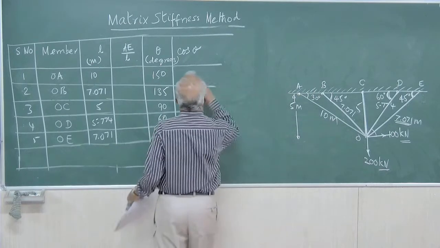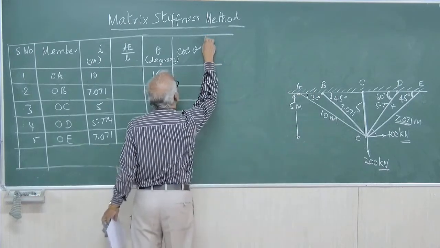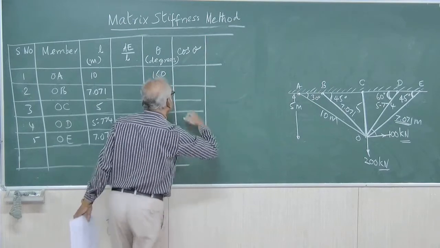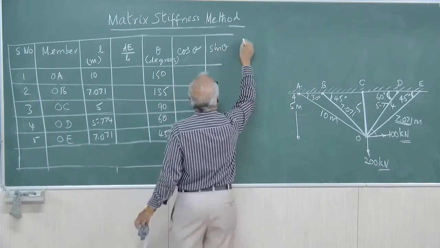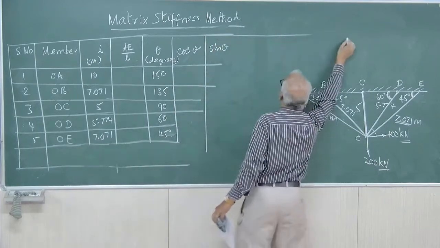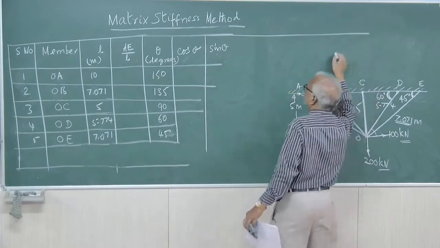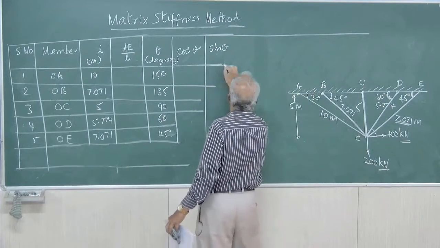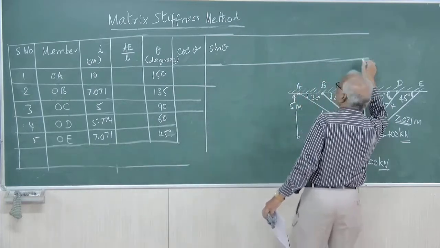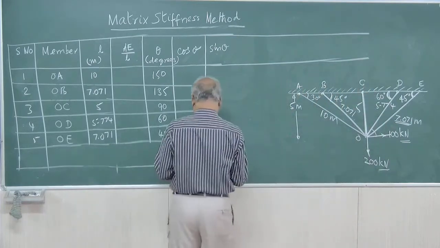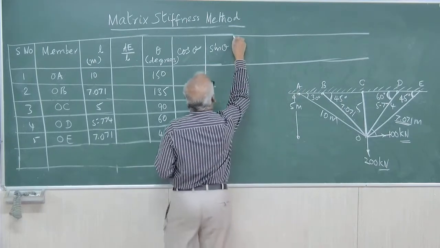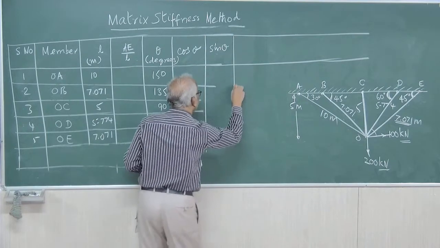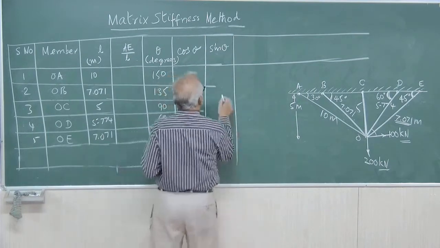We want the value of cos theta, then the value of sin theta. For substituting the formula, these are all the values that are needed. Cos theta, sin theta need not be calculated separately.